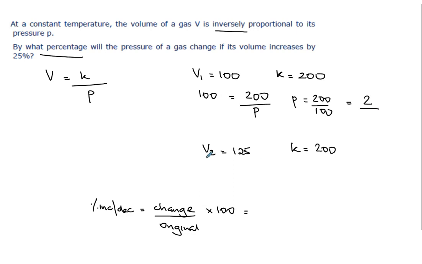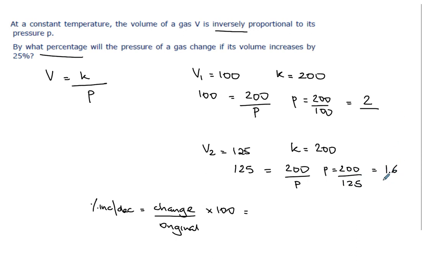When V2 is 125, because it's increased by 25%, and K is 200, we'll stick it in there. So 125 equals 200 divided by P. So P will be 200 divided by 125, which will give you 1.6.